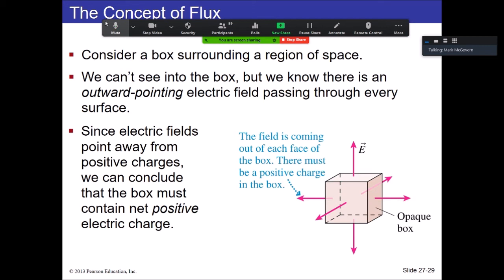But the box has 6 sides. We can see what the field is doing. The field is exiting the box. Because it's exiting the box, we sort of know what kind of charge has to be in there. There has to be some kind of net positive charge in there because electric fields point away from positive charges. Could there be negative charges in there? Yes. The idea is that the net charge, though, is positive.